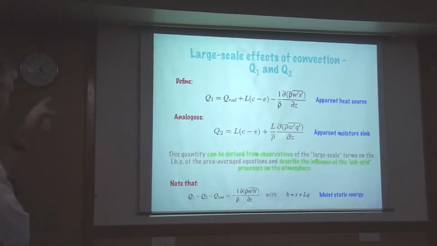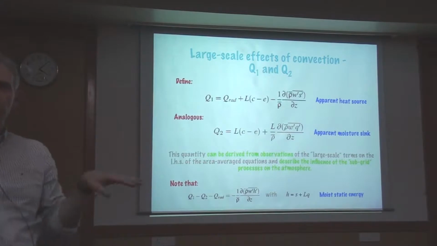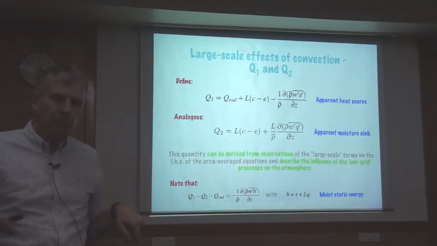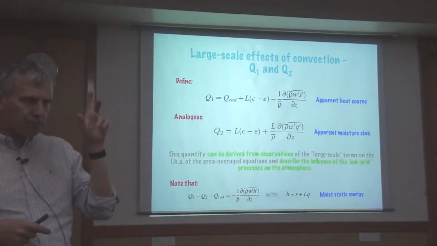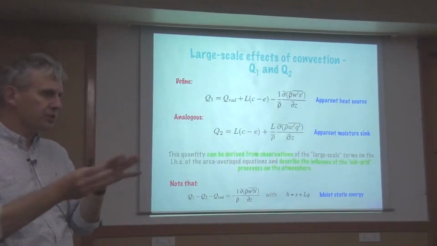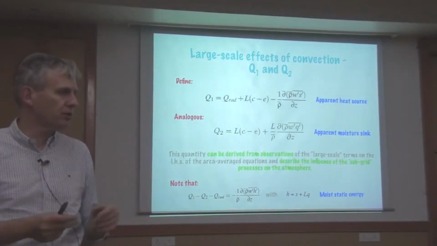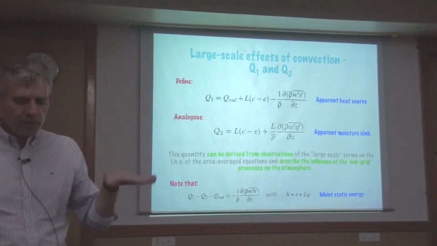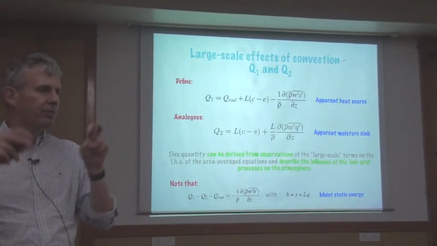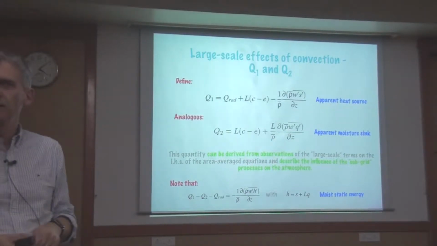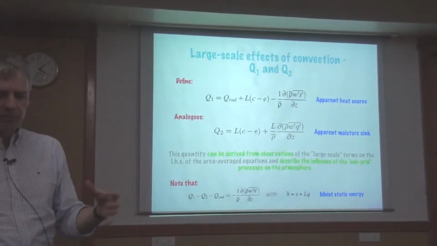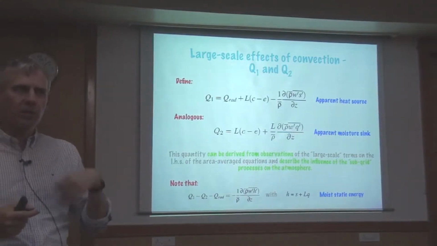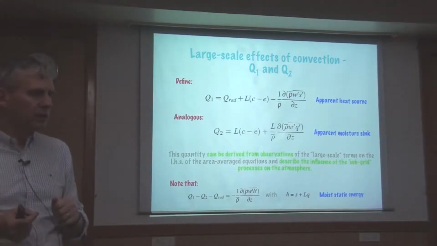In models, when we do this averaging that we did on the board, the average usually means the average over one grid box. And then the prime things are the variations within that grid box that we have not resolved. The average values are what our model equations can calculate using numerical methods, and what needs to be parameterized are all the processes in between.